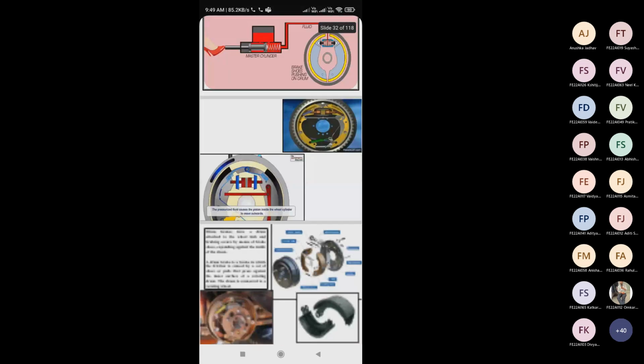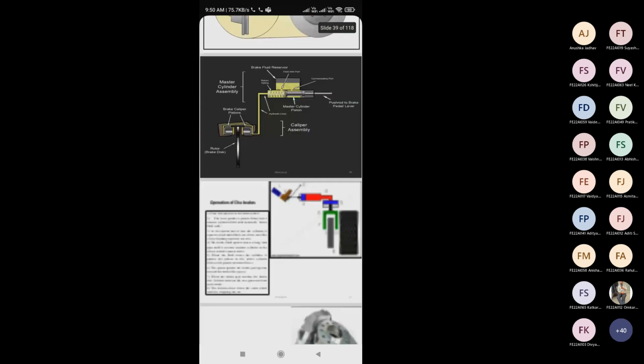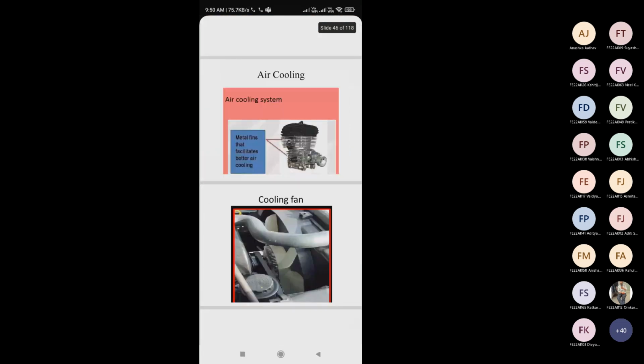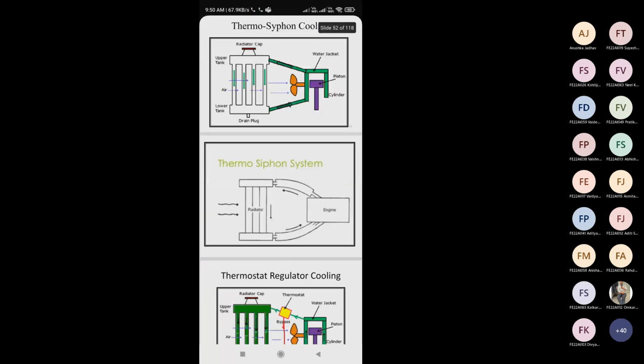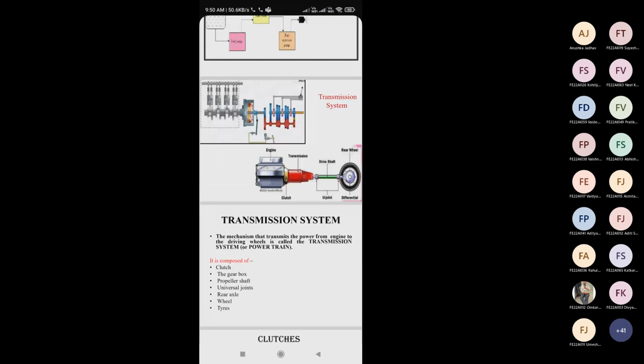What are the points which are remaining that we are going to cover today? Today we are going to cover the transmission system.